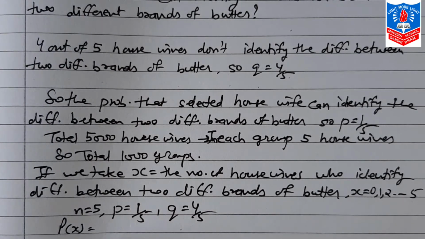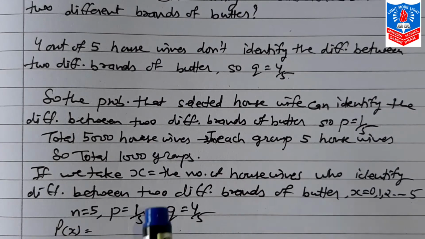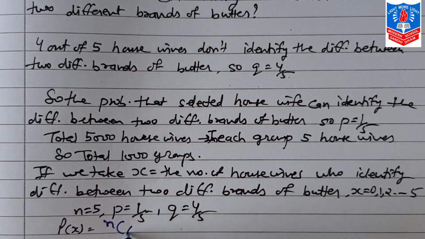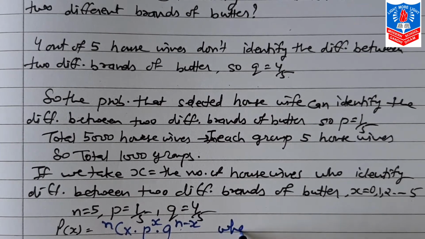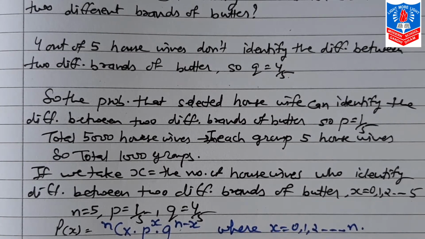Now based on this information, we first write the formula of this Px, that will be nCx P raised to x Q raised to n minus x, where the value of x will be 0, 1, 2, 3 up to n.